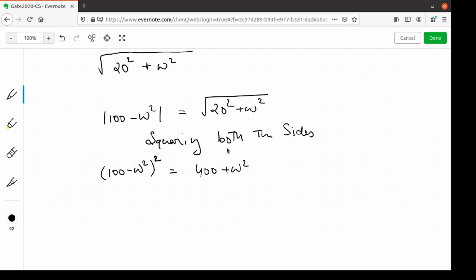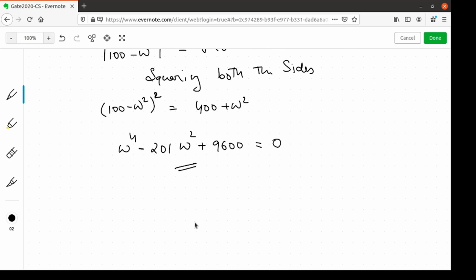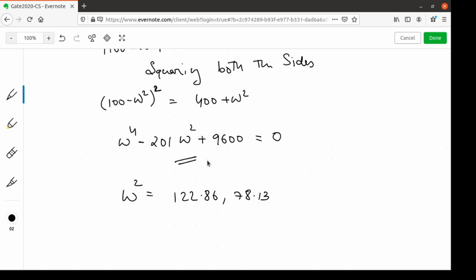Now we can simplify this to get omega to the power 4 minus 201 omega squared plus 9600 equals 0. Now we can solve this equation, which is a quadratic in omega squared, to get omega squared equals 122.86 and 78.13. So this can be solved using the usual quadratic formula in omega squared.